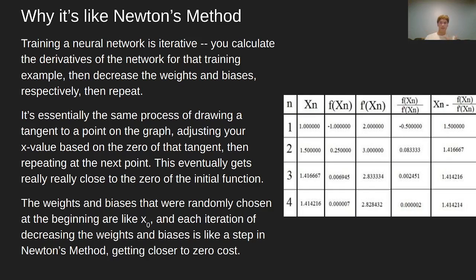It's very similar to Newton's method of drawing a tangent point on the graph, adjusting your x value based on the zero of that tangent, and then repeating at the next point. It gets very close to zero of that initial function. It never quite touches zero, I don't believe, unless there's some weird edge cases.